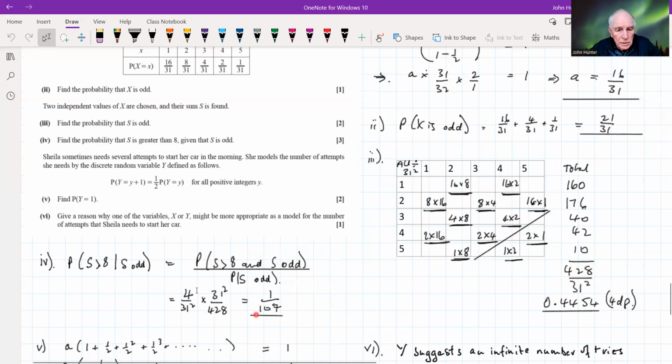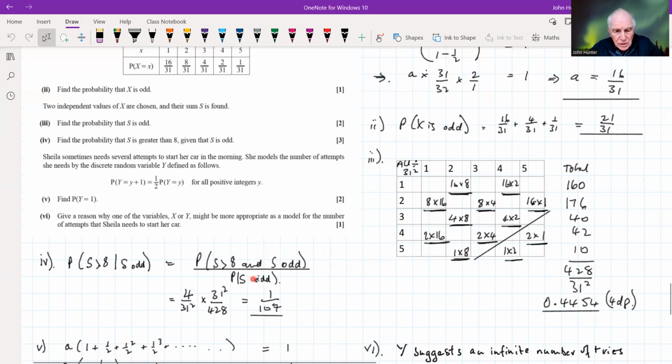So let's have a look. Restating Bayes' rule, this is Bayes' rule: the probability of A given B is equal to the probability of A intersection B divided by the probability of B. Now if that means nothing to you, then I suggest you go back to the probability section and look through the conditional probability videos there.